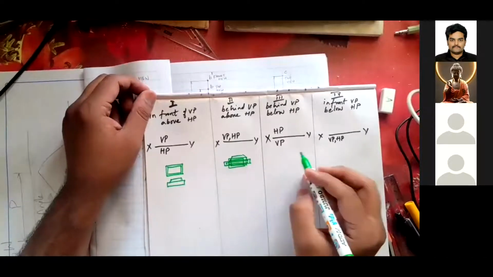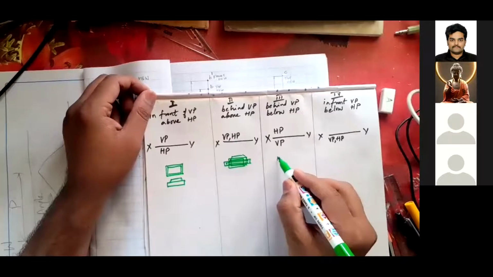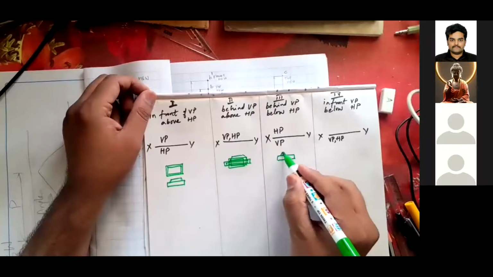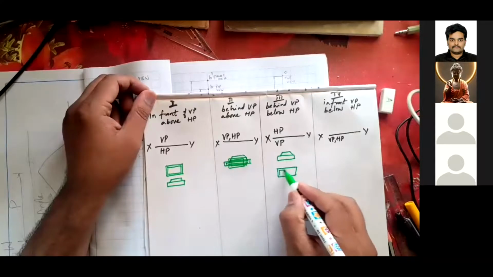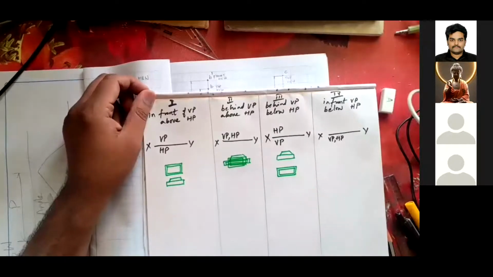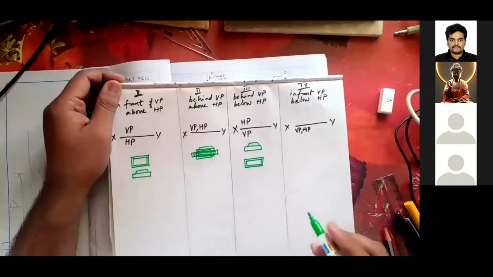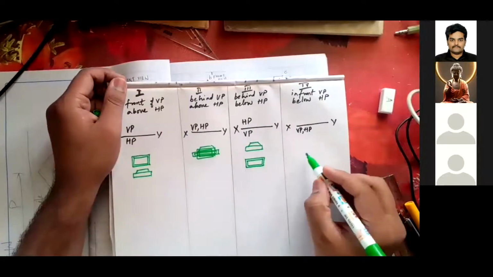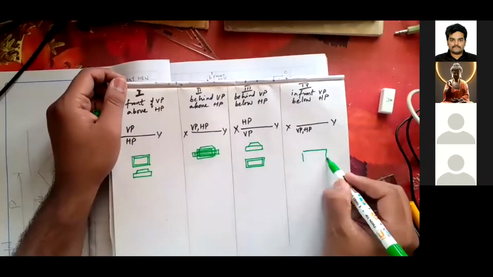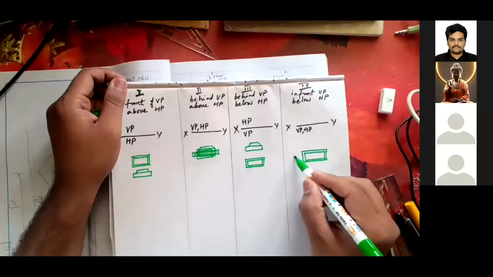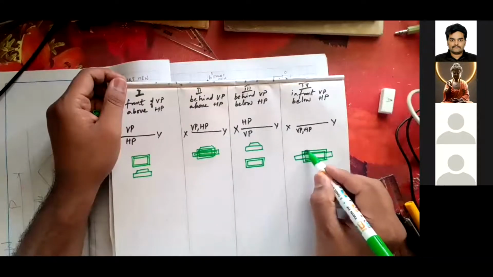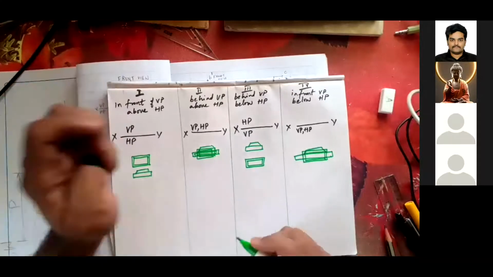Whereas in the third quadrant, you get the top view first and then the front view below. In the fourth quadrant, the front view and top view are overlapping below the XY line.